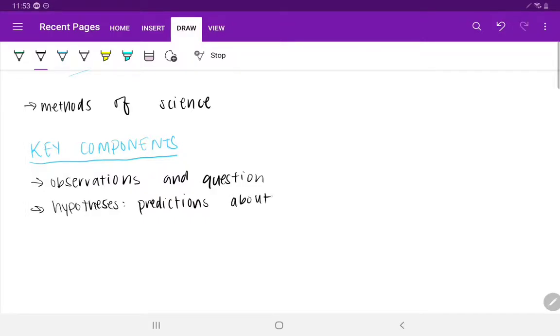So within the example of, well, how did this rock form with so many different types of minerals? Well, maybe the scientist makes a prediction. Perhaps this rock formed when magma or lava started to cool and form these big crystals.